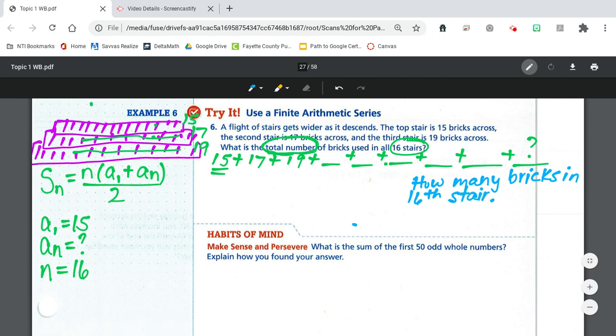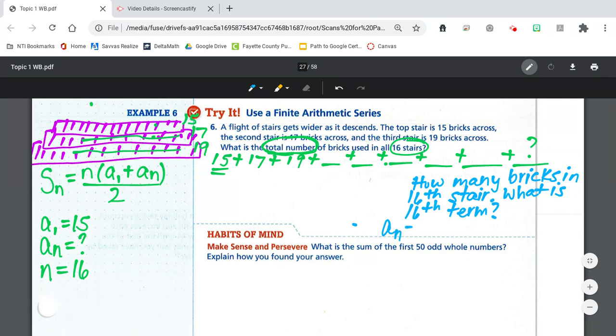Well, really what I'm asking, how many bricks in the 16th stair? What I'm really asking is, what is the 16th term? Well, hey, don't I have an explicit formula that explicitly tells me what the 16th term is going to be? Yes, I do. I have that explicit formula I can use.